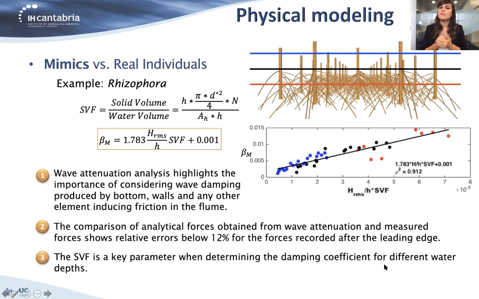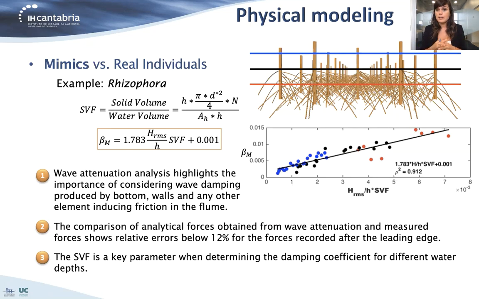So, one of the key aspects derived from this study was that we need to check the additional friction that our facility is inducing in the flow when quantifying the energy attenuation provided by an ecosystem. Since, if not, we can be overestimating this attenuation.